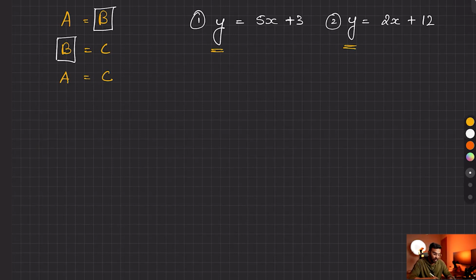So according to what I just explained over here in yellow, do you guys agree if I write 5x plus 3 should be equal to 2x plus 12 because they both are equal to y? Did you understand it? That's it. That is the concept of substitution. Whenever you have equations, substitution is always there.